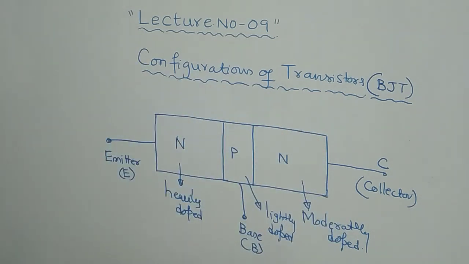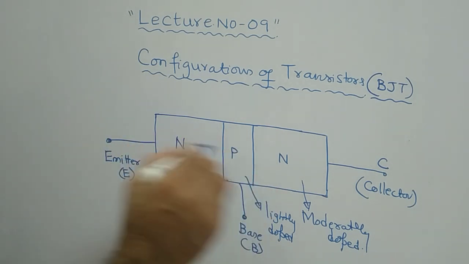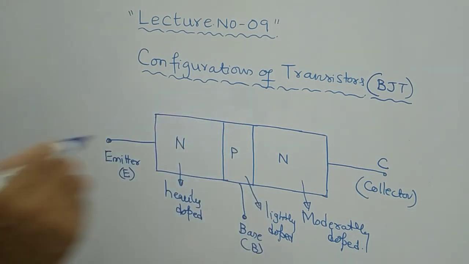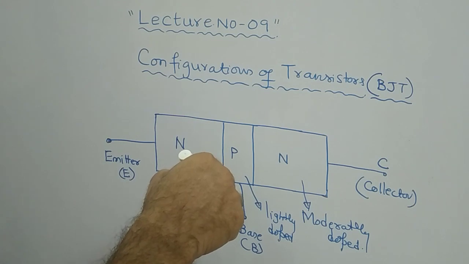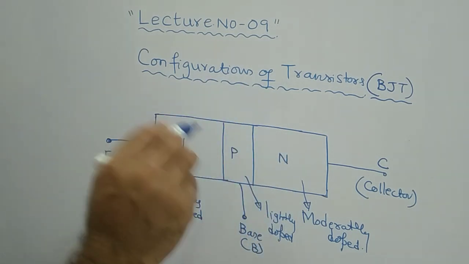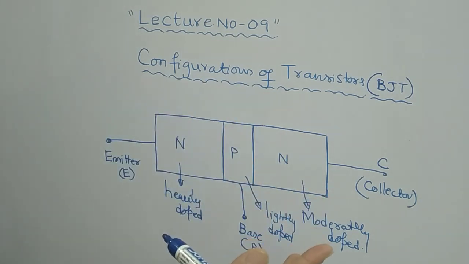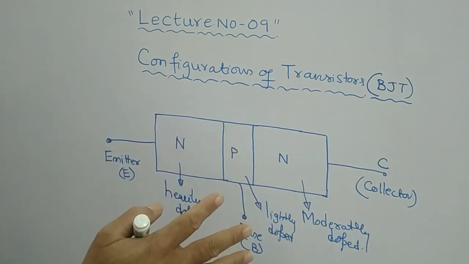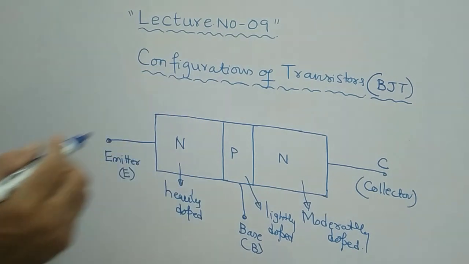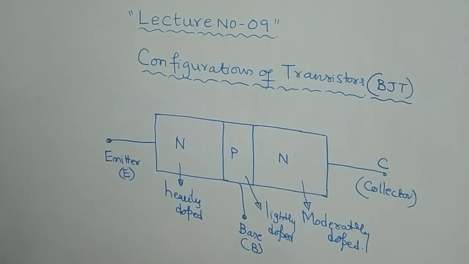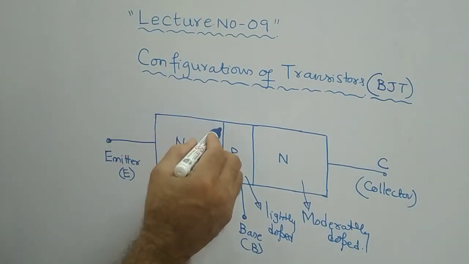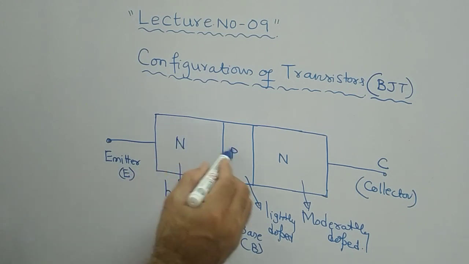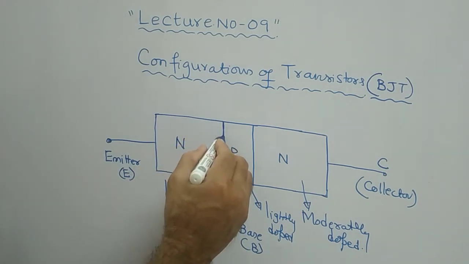Now what happens, how does the flow of electrons happen in the transistor? Remember that the flow of current in the transistor is due to both charge carriers, the majority carrier as well as the minority carrier. That's why the name BJT has come, bipolar junction transistor. By the way, this is N and this is P, and in between these two we have one junction here. Definitely it is a junction.